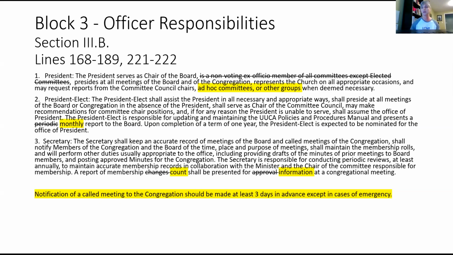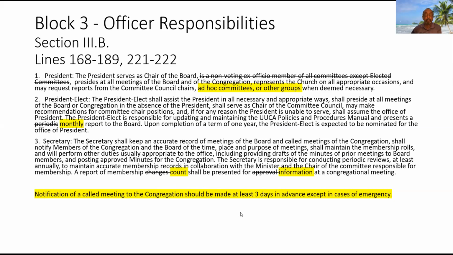The third item is the secretary's duty to educate the congregation about our membership. The wording was a little odd in that it said the congregation would approve the membership changes, but since that's not really how we operate, it's really more information only. So the secretary would provide a count of the membership to be presented for information at the congregational meeting.